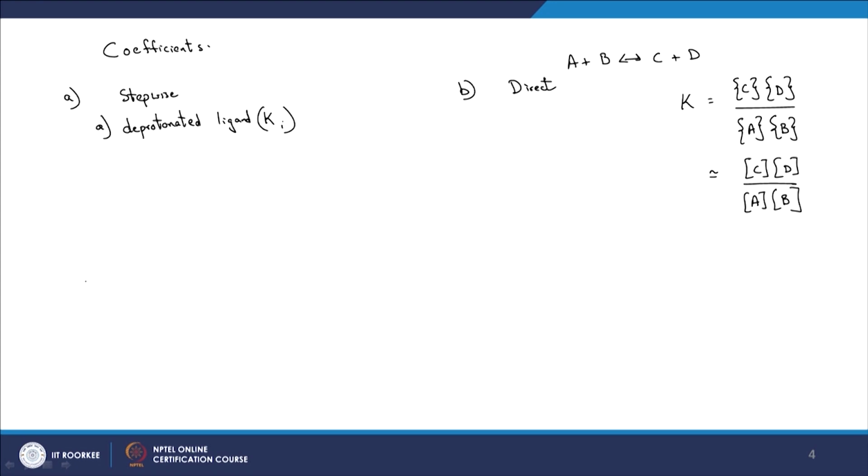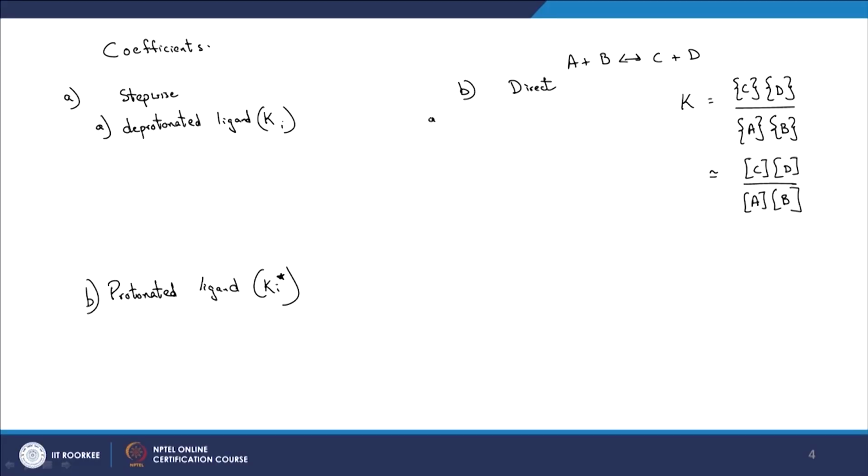The other case is when I have a protonated ligand, and that I am going to represent by Ki star. And if it is a direct reaction, which I will explain further, keep in mind that there are different coefficients when we talk about equilibrium for complexes: one set for stepwise, one for direct, one for protonated ligand, one for deprotonated ligand.